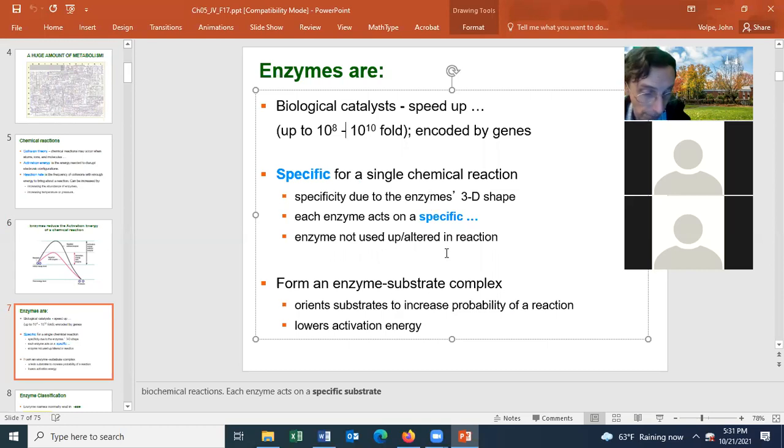You might know from working in the clinic or something like that, but we can have a drug that mimics the substrate, and then that fouls up the enzyme because the enzyme will bind to or react with the substrate, which is the drug, instead of the real substrate, meaning there are some enzymes which can bind to something else, but they're very specific.